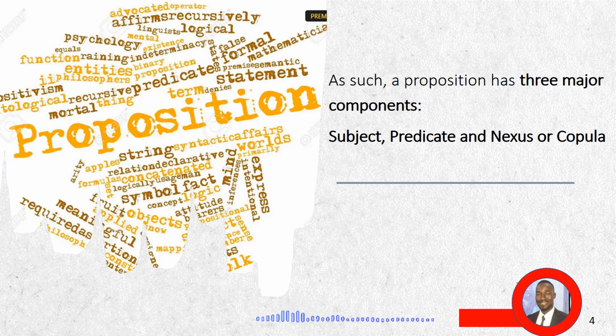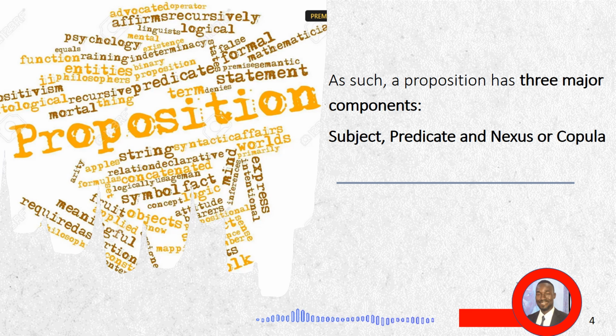Since our propositions are found from these statements and discussions, how do we recognize them? What are the major components of a proposition? What are those things we look out for when we're looking for a proposition? It is worthy to note that a proposition has three major components that we must look out for. It must have a subject, it must have a predicate, and it must have a nexus or a copula.